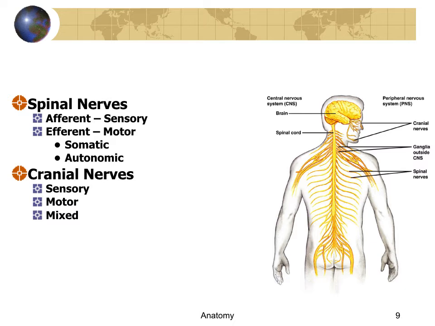These include the olfactory, optic, oculomotor, trochlear, trigeminal, abducens, facial, vestibular, cochlear, and so on. Some of these are going to big sensory organs, like the olfactory nerve, the optic nerve, the vestibulocochlear nerve.